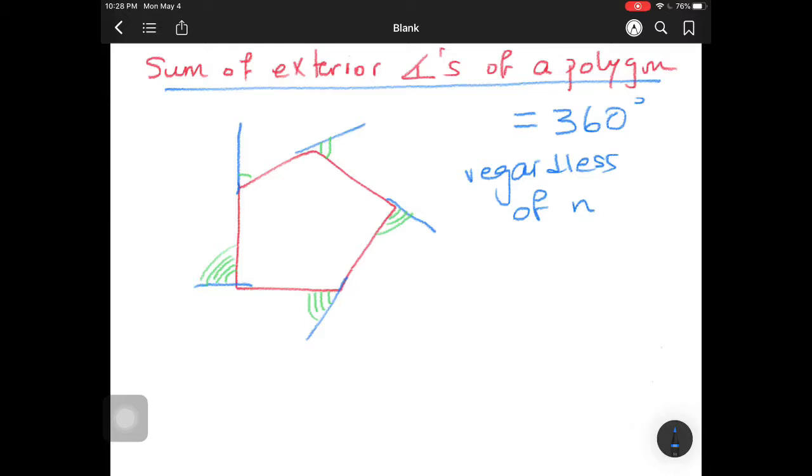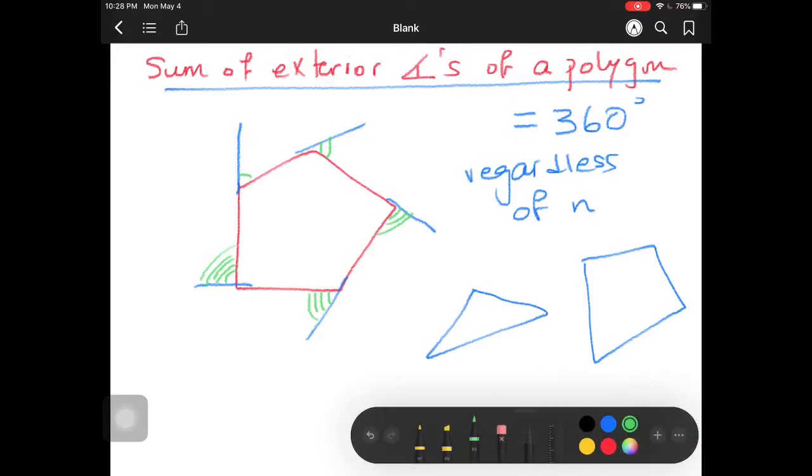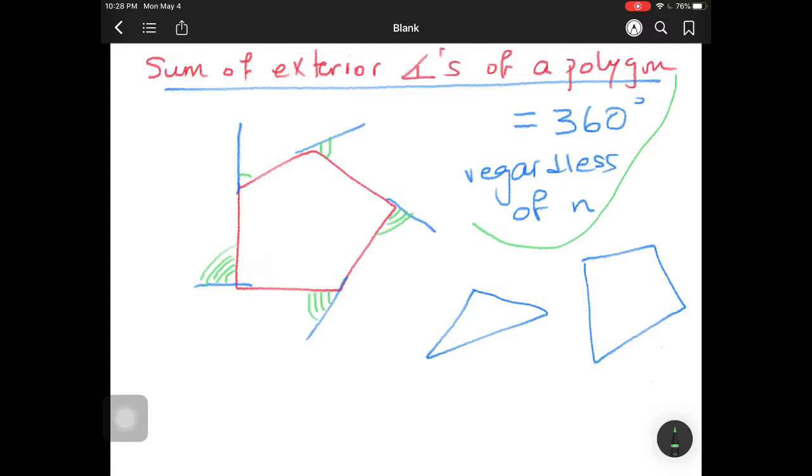In any polygon, whether it's a triangle, a polygon of 3 sides, or a quadrilateral, a polygon with 4 sides, any number of sides, this is always true. The sum of exterior angles in a polygon is 360 degrees.